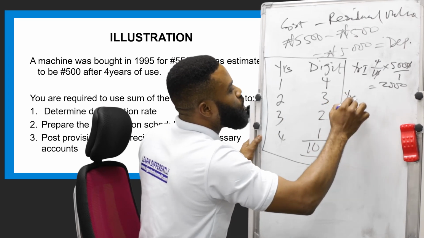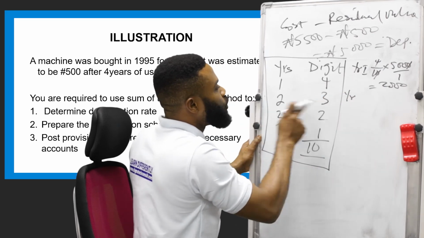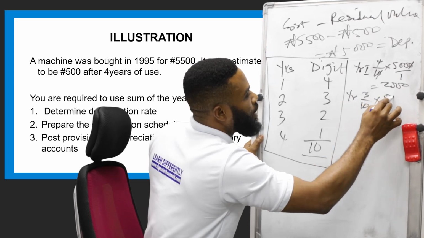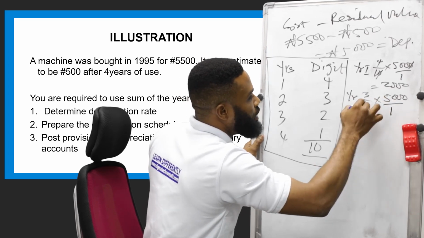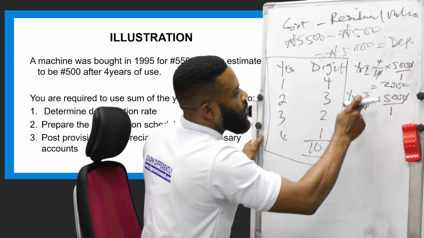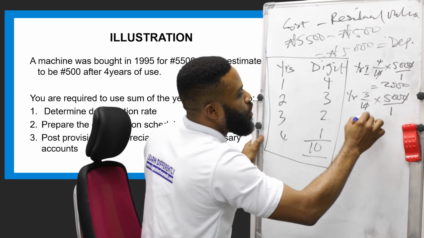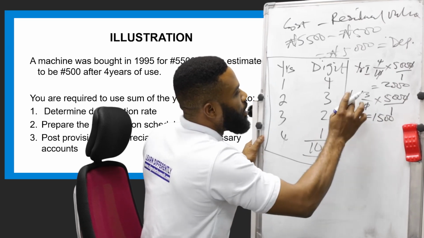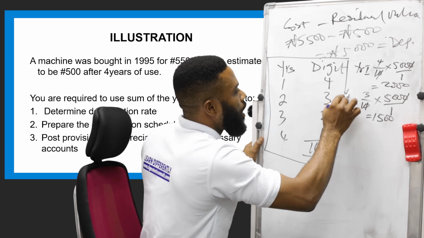Then your year 2 is going to be 3 over 10 times 5,000 over 1. 0 will cancel 0. You are going to have 3 times 500, which gives you 1,500. This is year 2.